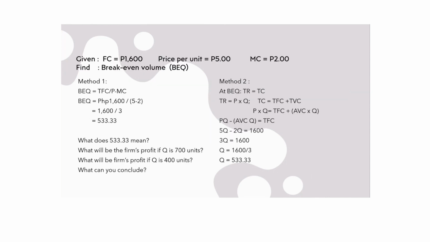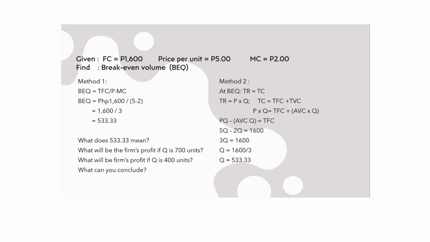So for our example, given that fixed cost is 1,600 and the price per unit is 5 pesos and marginal cost is 2 pesos per unit, find the break-even volume.